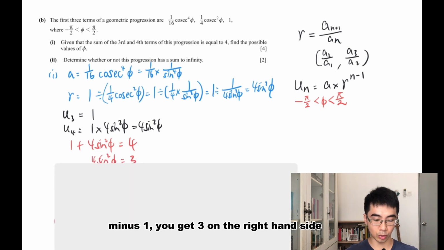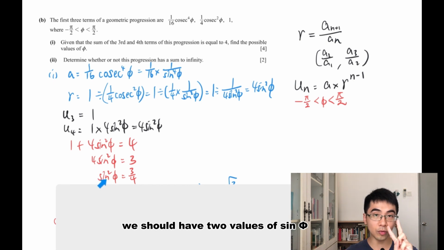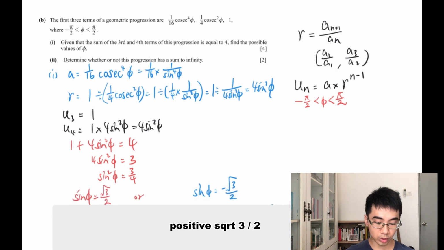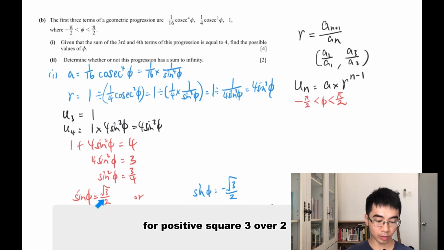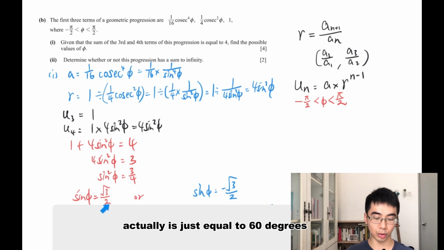Minus 1, you get 3 on the right hand side, and then divided by 4. Remember, it's a quadratic, so we should have two values of sine phi. Sine phi can be positive square root 3 over 2 or negative square root 3 over 2. For positive square root 3 over 2, if you remember it, it is just equal to 60 degrees.